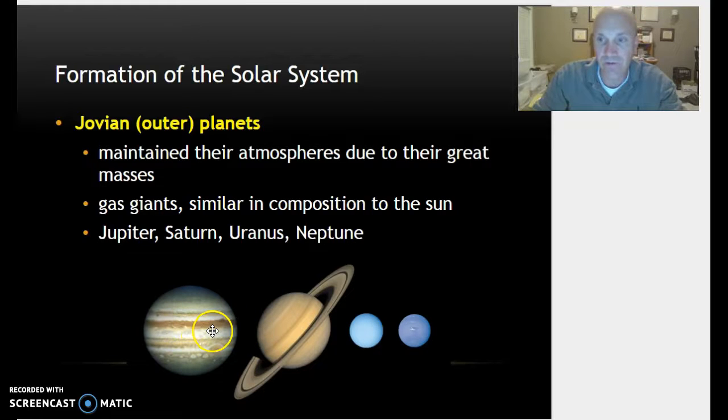So since they were a lot farther from the sun, they were able to keep the gas that was in their atmosphere, and that's why most of those outer planets are made mostly of gas. All right. So a lot of these are sometimes called the gas giants, and if you looked at the type of materials that they're made of, a lot of the same types of materials that the sun is made of.